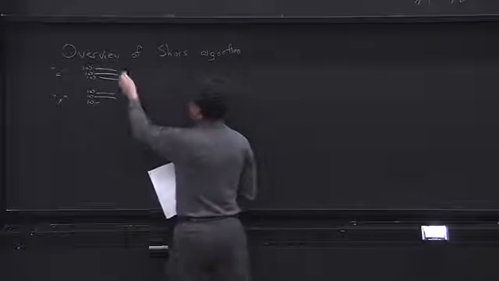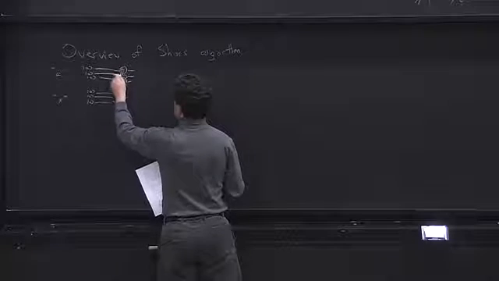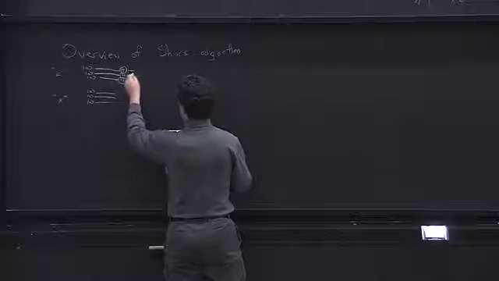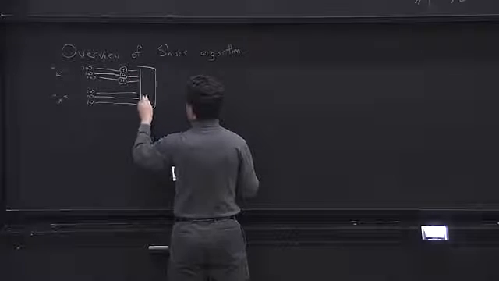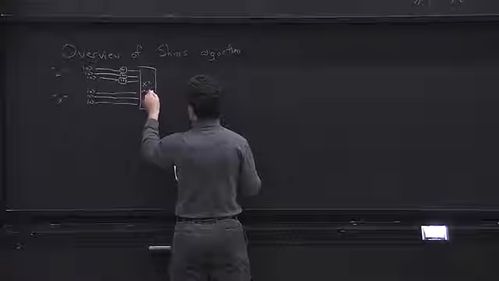The first thing we do is Hadamard everywhere here. Then, on these registers together, we calculate x to the A mod n.